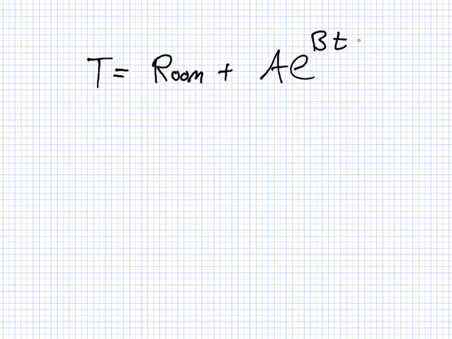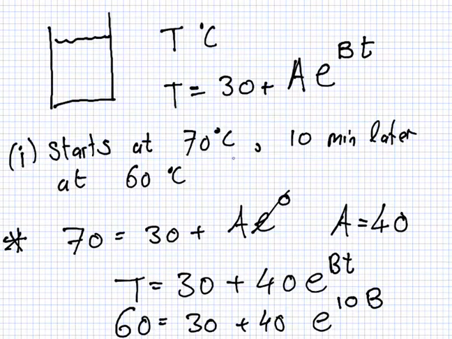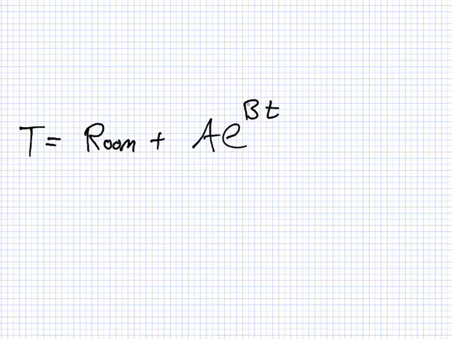That's how come I have the 30 here in the formula. That's the room temperature. What do you think affects the A and the B? No, but I mean like in this example here.